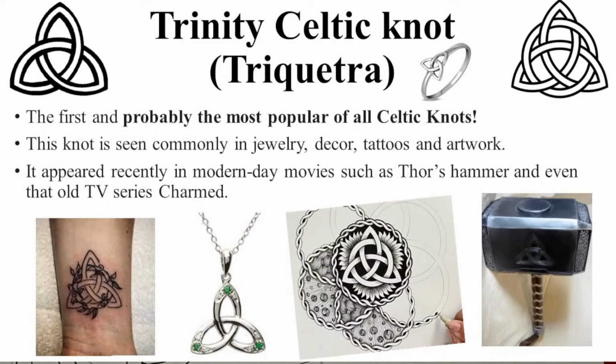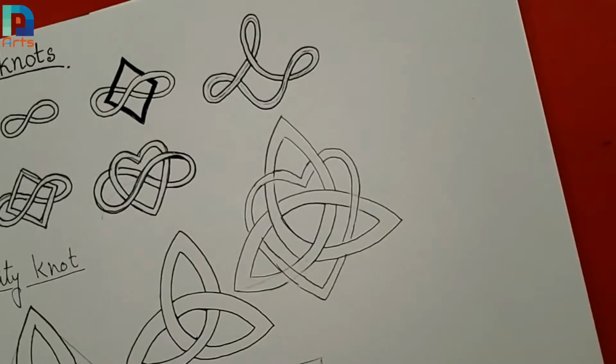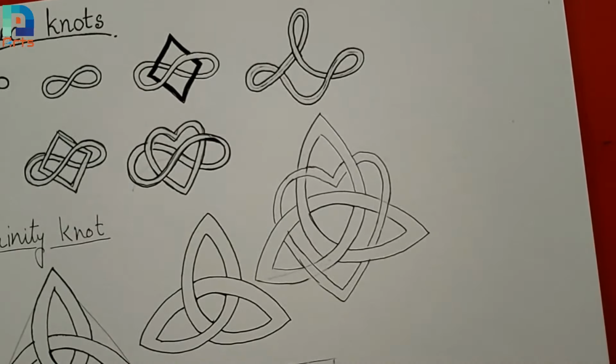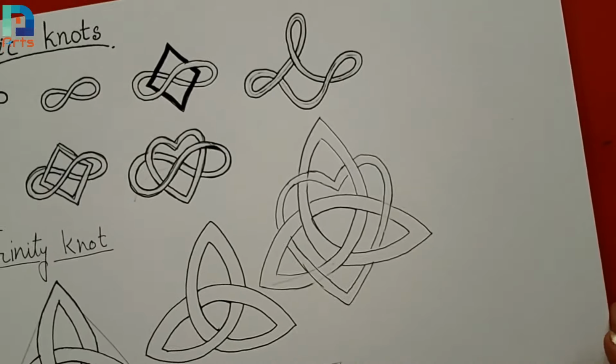You see, I drew the mandala with this symbol. You can find lots of jewelry with this symbol. People get the tattoos, they get the body ink. So this symbol is a very famous Celtic symbol, and you can convert the symbol the way you want. It has lots of variations.